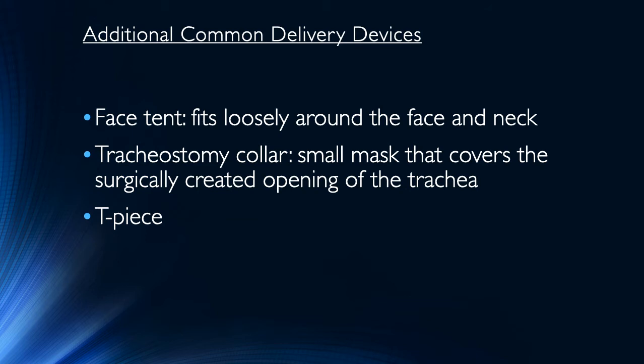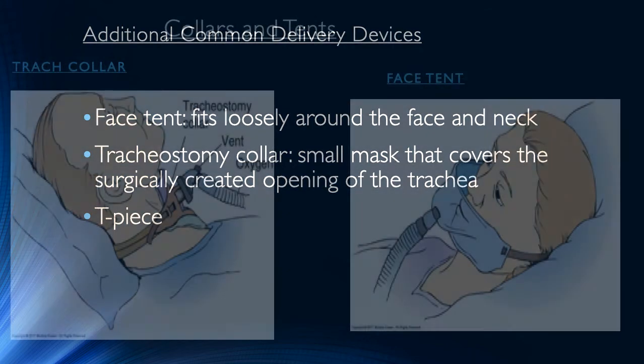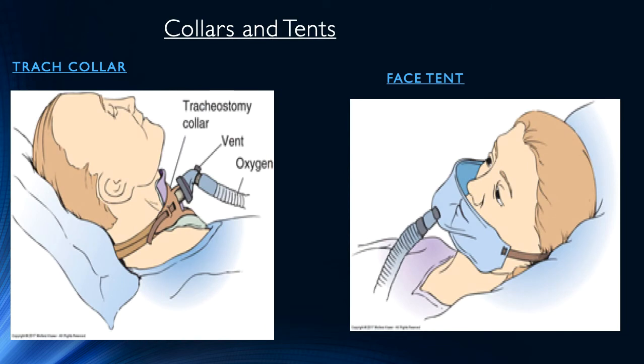Additional devices can be a face tent, a trach, which we've already talked about, a tracheostomy collar, which is for someone who's not on the ventilator, but they can just have oxygen through a trach, and a device that's also called a T-piece. So on the left is a picture of a trach collar.